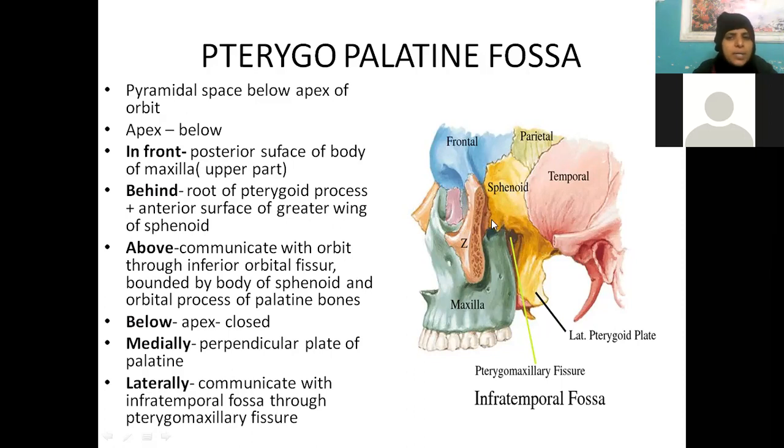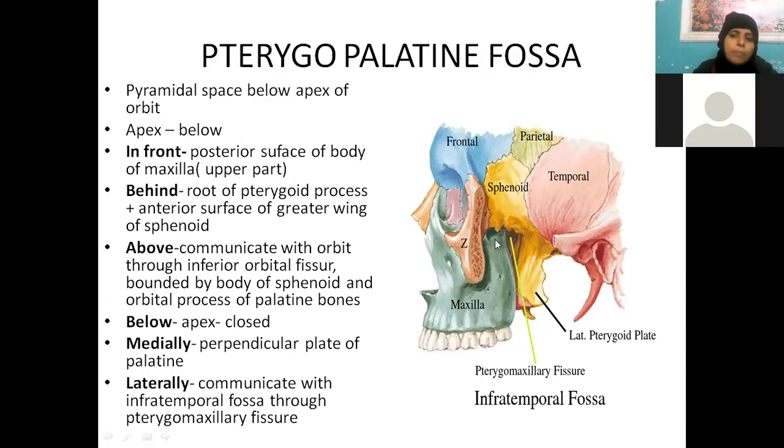Above, it is communicating with the orbit through the inferior orbital fissure. Remembering so many things becomes difficult for you, so leave it. Below, the pterygopalatine fossa has an apex which is closed and not communicating. Then medially, if you go deeper inside, we have the perpendicular plate of the palatine, which I am unable to show in this picture.